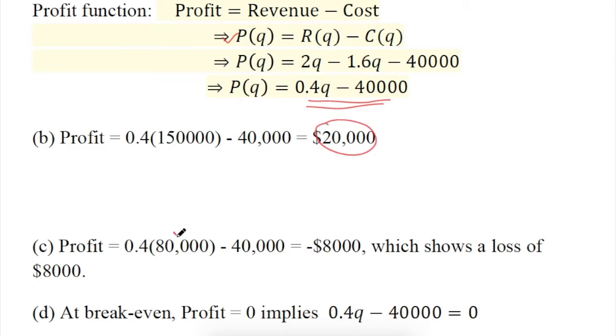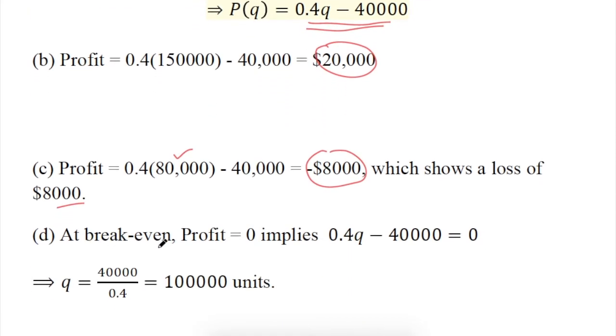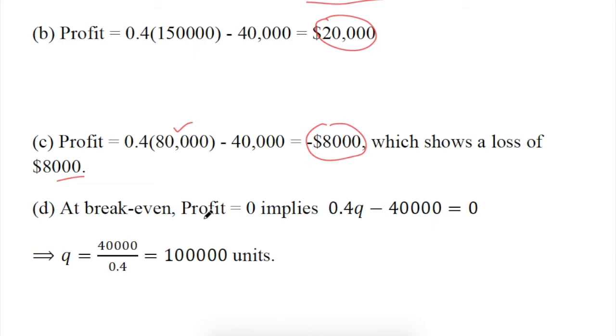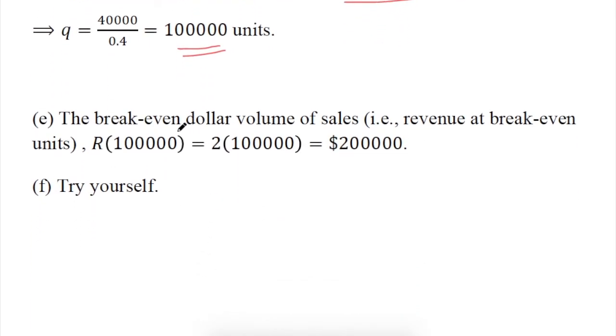And profit for 80,000 units will be minus $8,000, which indicates a loss of $8,000. And to calculate the break-even point, we need to equate profit to 0. That gives us Q equal to 100,000.